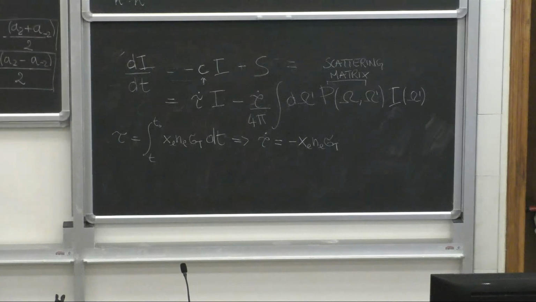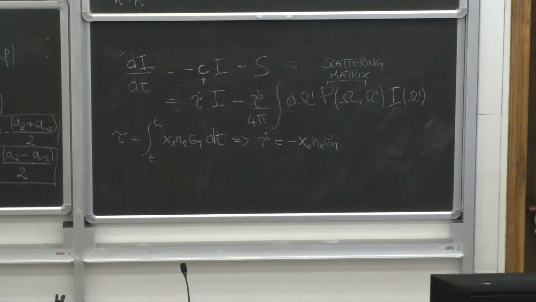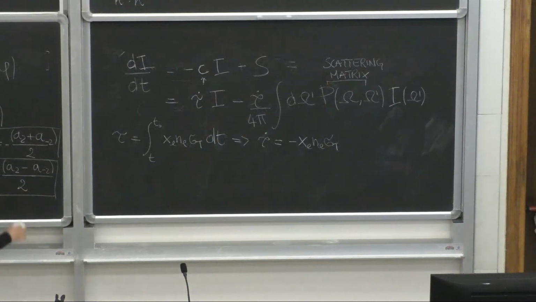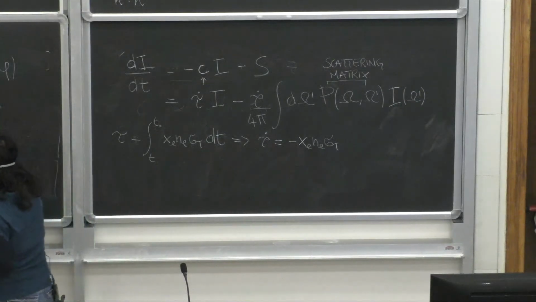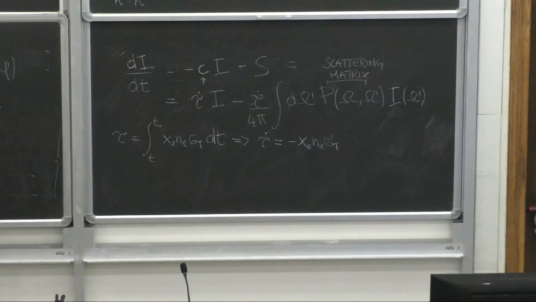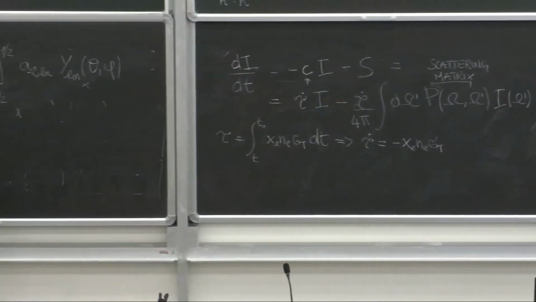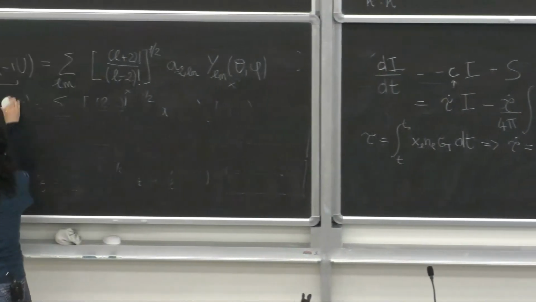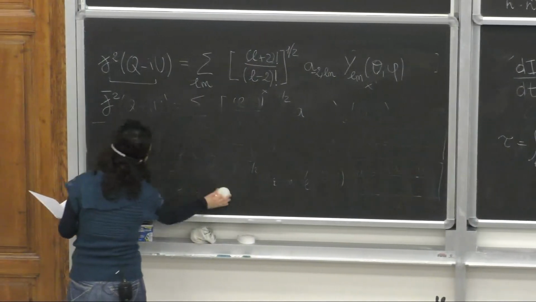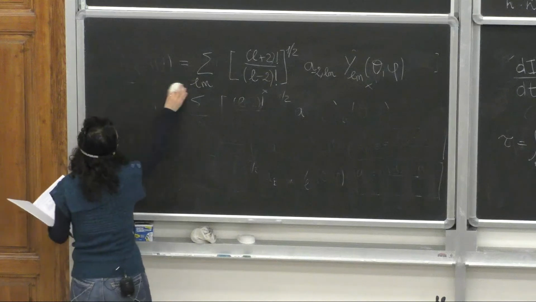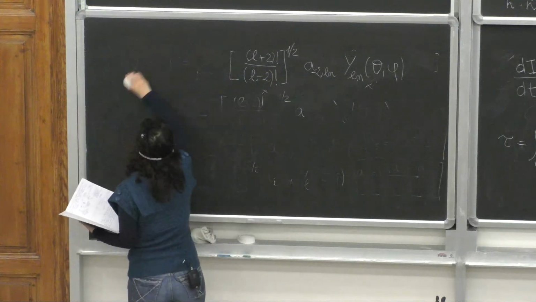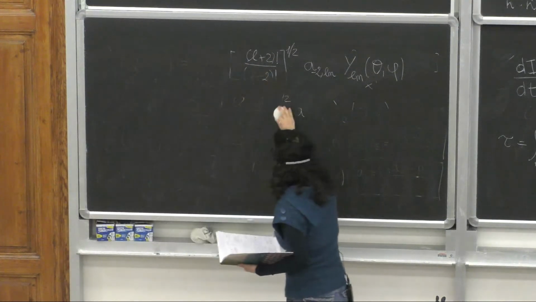Okay. Now, before making explicit what all the different terms are, I'd like to spend a few words on the scattering matrix. You can find the full derivation of the scattering matrix, for example, in the book by Chandrasekhar, Radiative Transfer.